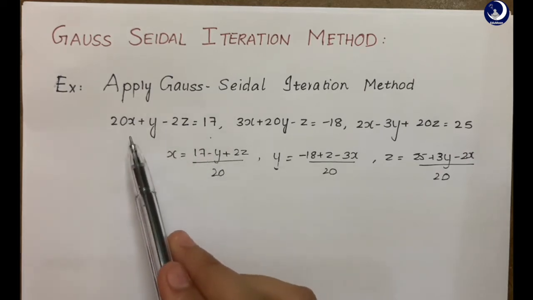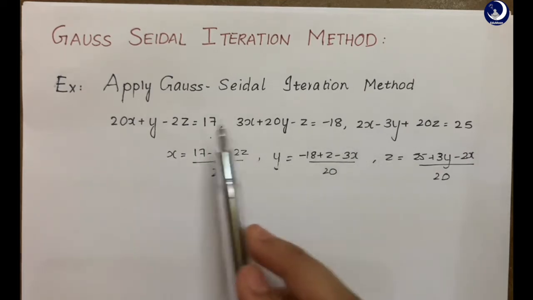Here, we need to find the variable values x, y, z from each of these equations.